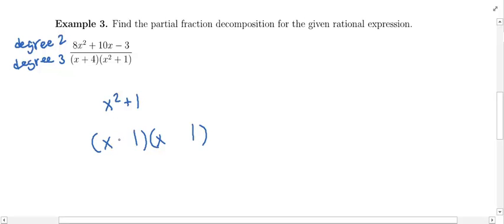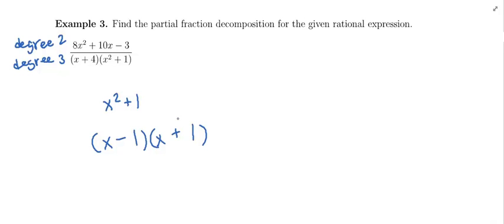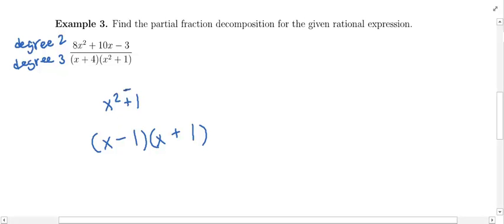If you try to factor this, no matter how you adjust the signs, it's not going to multiply out to give you x squared plus 1. This is a sum of squares. A sum of squares does not factor. If you had the difference of squares, like if this had been an x squared minus 1, then that would factor. But as it's written, it does not factor further.